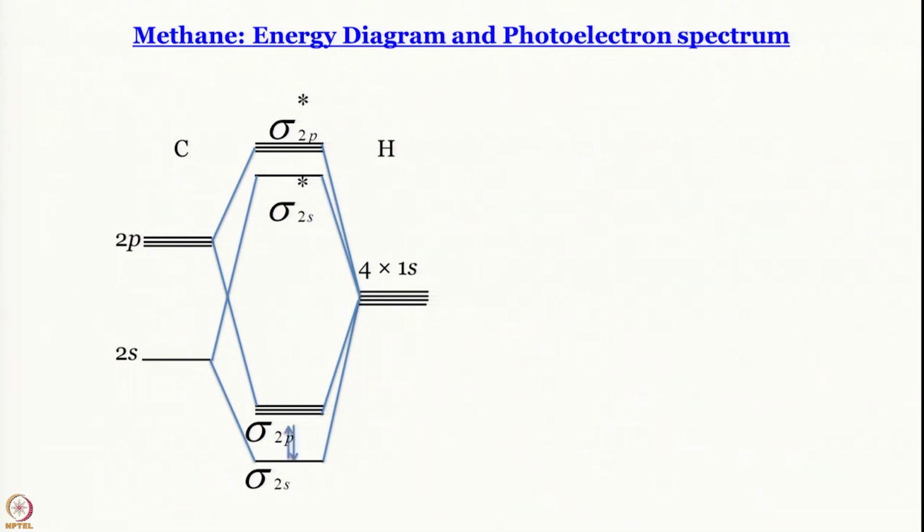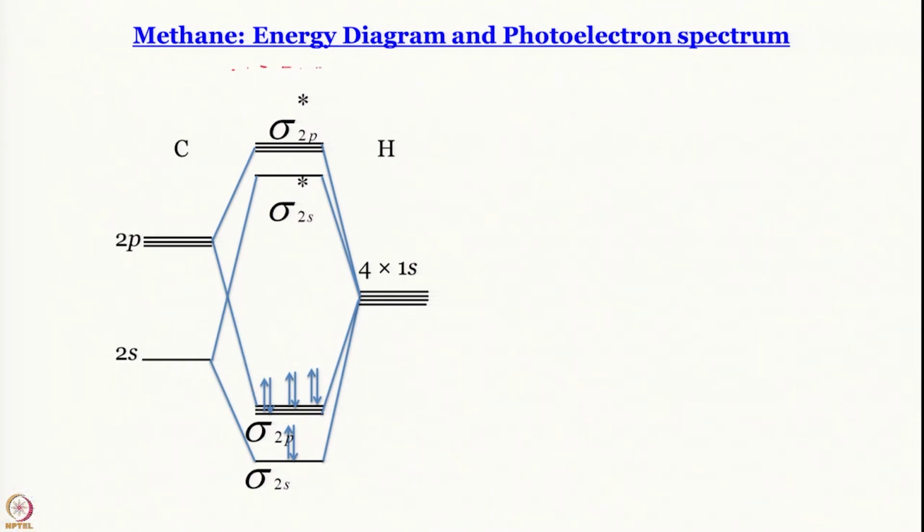First, let us fill in the electrons 2, 4, 6, 8. How many ionization energies will be there? 2, right. So, I should have 2 kinds of ionization energy, because ionization energy means, let us see if I can draw a straight line now.